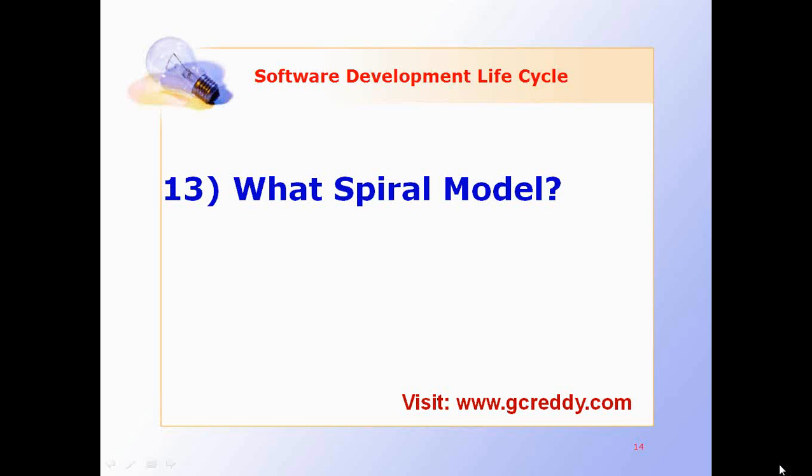It was first proposed by Boehm. In this system development method, we combine the features of both waterfall model and prototype model. In spiral model, we can arrange all the alternatives in the form of a spiral.